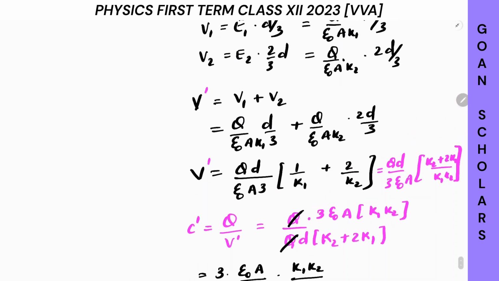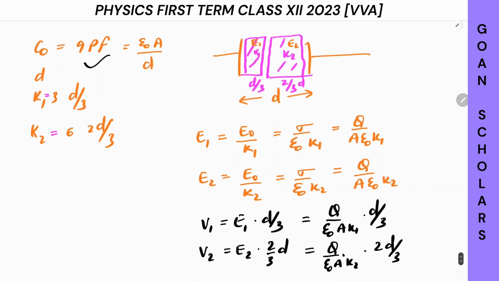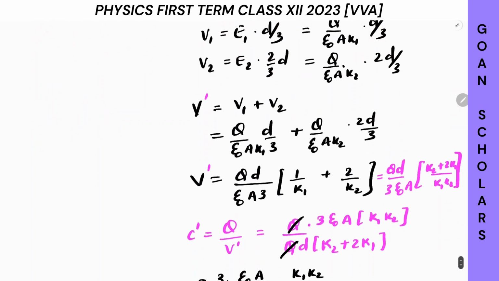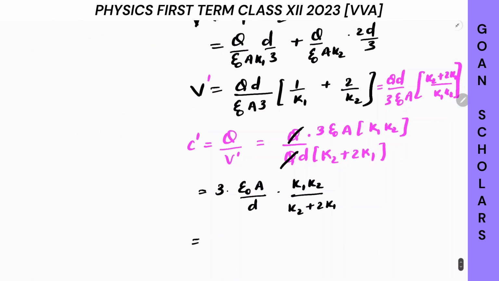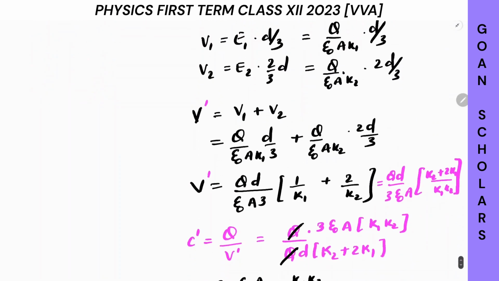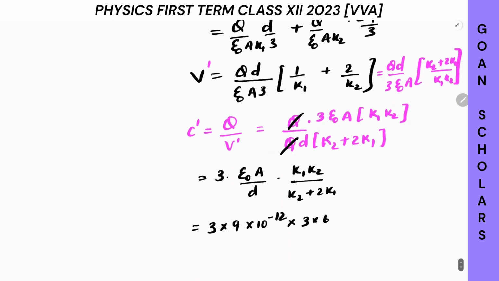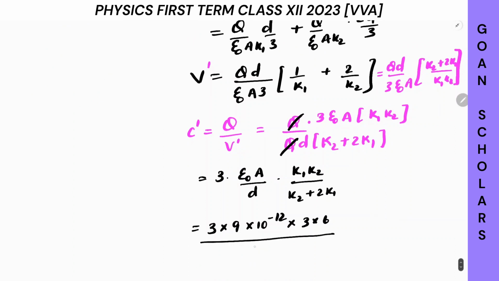Let's substitute. Now what is epsilon naught A by D? Epsilon naught A by D is 9 picofarad, which is here. So let's put 9 picofarad. So 3 into 9 picofarad, 10 to the power minus 12, into K1 K2, where K1 is 3 and K2 is 6, whole divided by 6 plus 2 threes, which is 6.